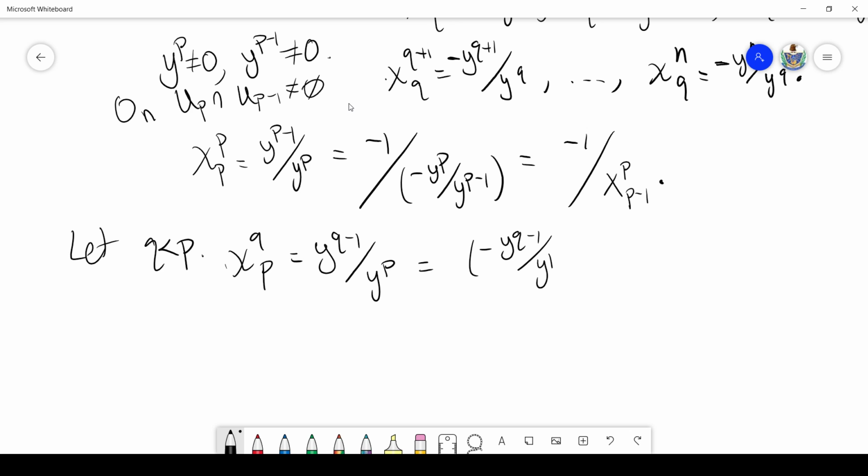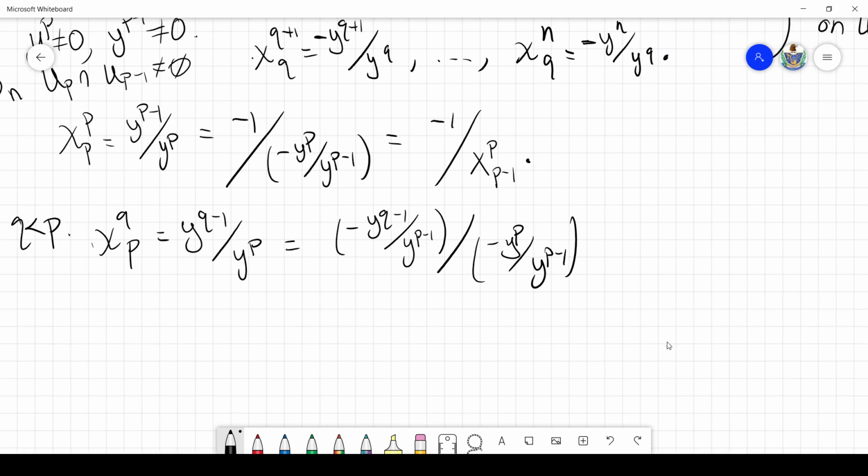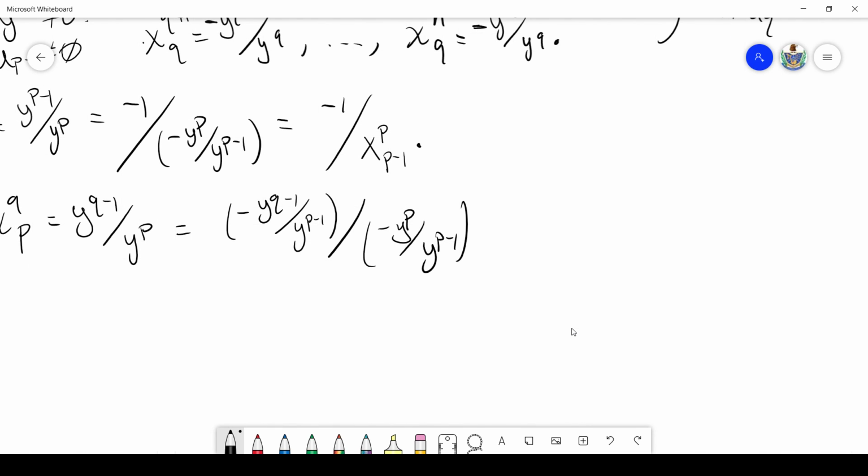So here we normalize like so, yp over yp minus 1. Sorry, this negative should go out here. So yq minus 1 over yp minus 1, since q is less than p, q minus 1 will be less than p minus 1. So this is going to be xq p minus 1, and then this number is going to be xp p minus 1.